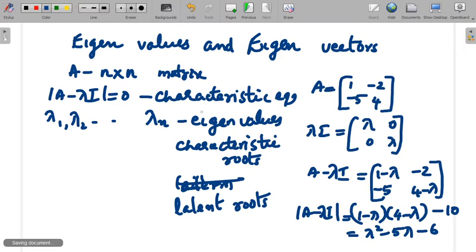So eigenvalues are obtained like this. You find the characteristic equation of the matrix, solve the characteristic equation, and the roots are called the eigenvalues.